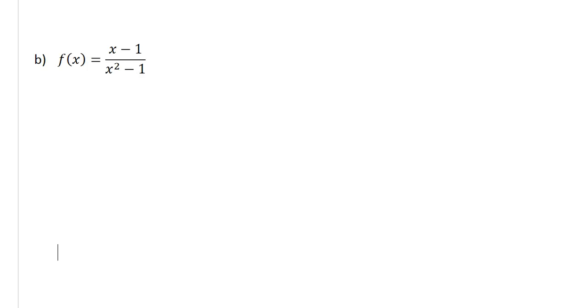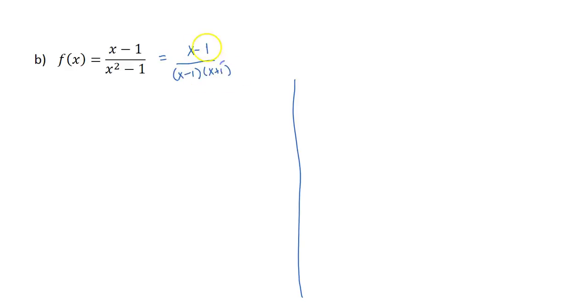Now with a problem like this, again, there's kind of two different ways to do it. You could take a look at it first and note that this is x minus 1 over x minus 1 times x plus 1. So this would cancel, and this is 1 over x plus 1. Now that x minus 1, remember, still affects the continuity.